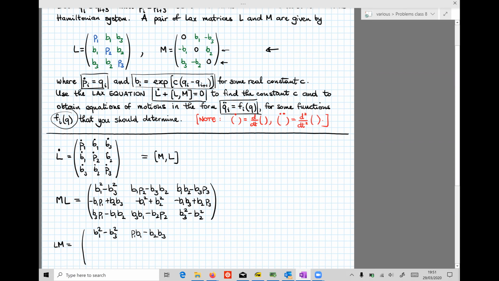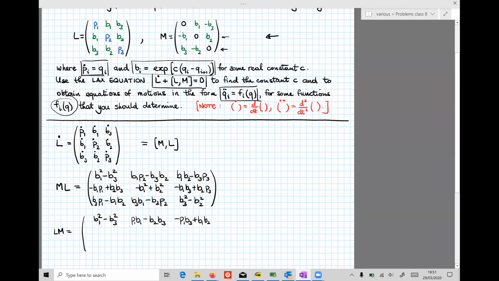And entry 1,3 is minus P1 B3 plus B1 B2. Then entry 2,1, I have minus P2 B1 plus B2 B3. Entry 2,2 is B1 squared minus B2 squared.